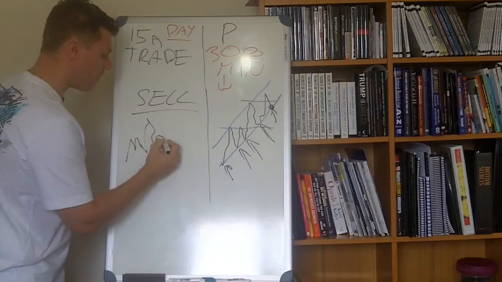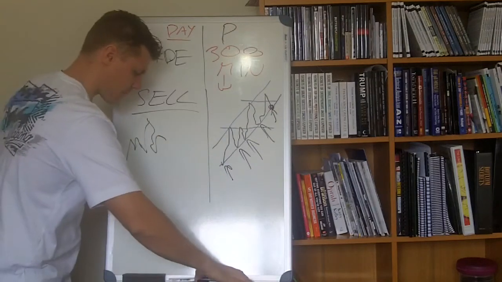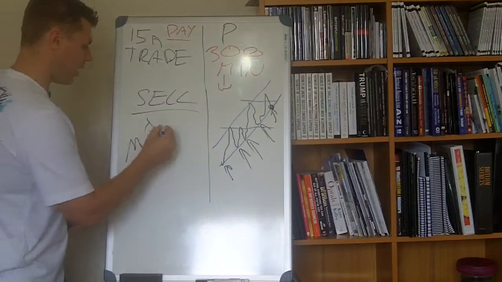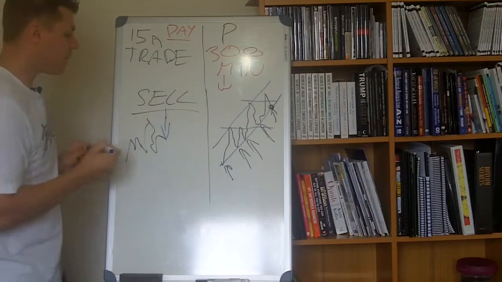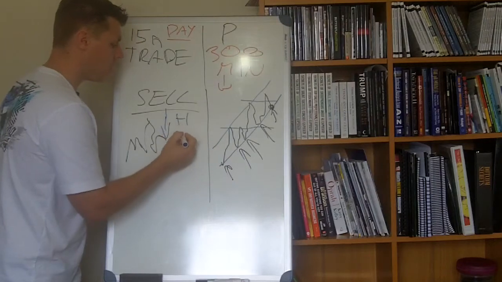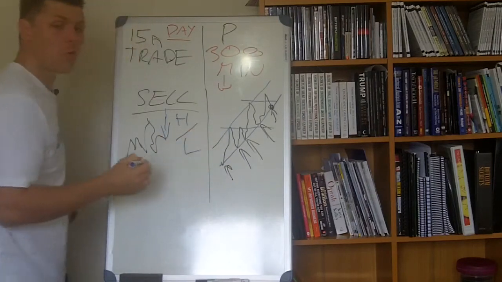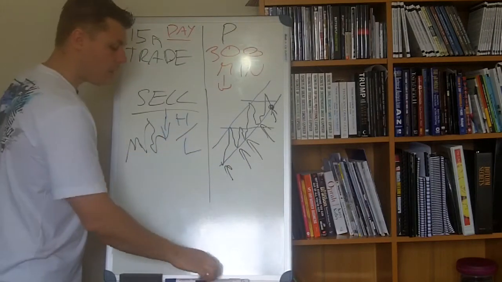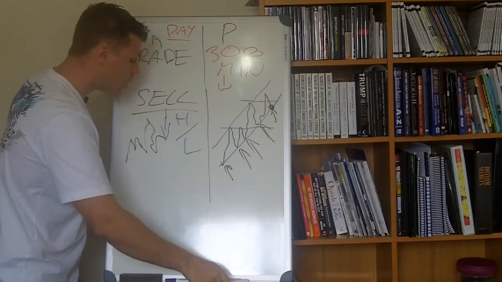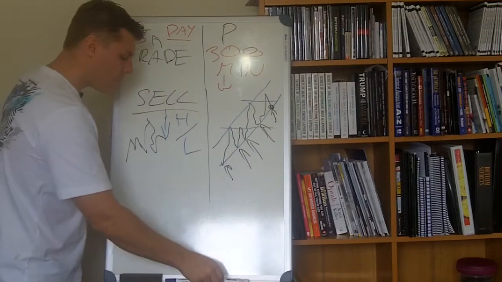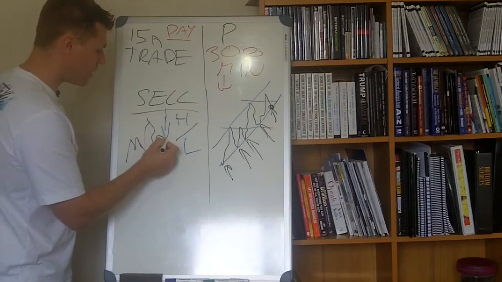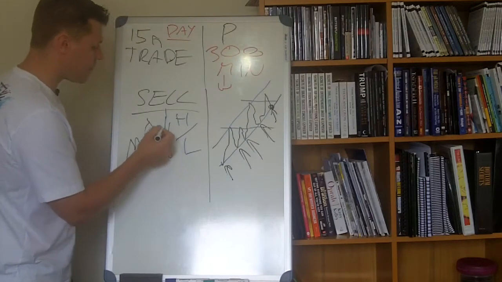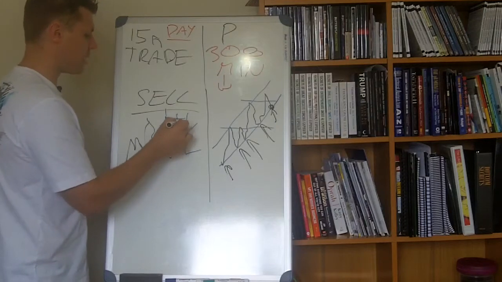So if this point right here is a sell signal, is that going to be a high probability or a low probability trade? It's going to be a low probability trade, right? Why? Because more often than not, you'll get a sell signal, you want the market to go down, it might go down a little bit, but it'll end up doing this again.